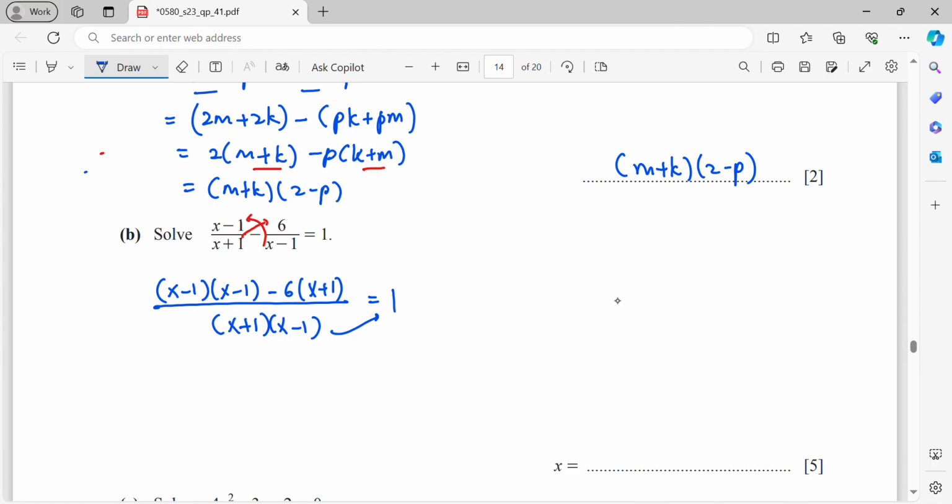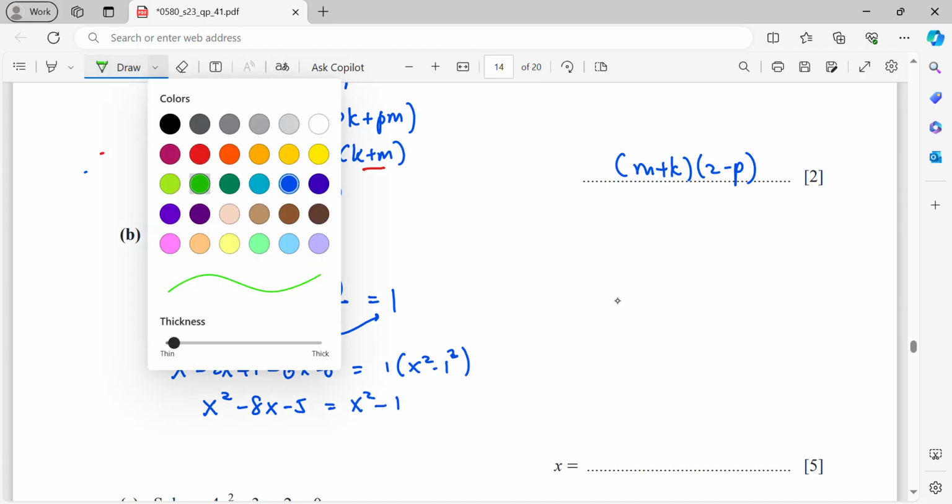Now the numerator x minus 1 times x minus 1, you will get x squared minus 2x plus 1. And then minus 6 times the bracket, it will be minus 6x minus 6. Then equals 1 times x plus 1 and x minus 1, which is basically x squared minus 1 squared. Then from here I will get x squared minus 8x minus 5. The right side, x squared minus 1.